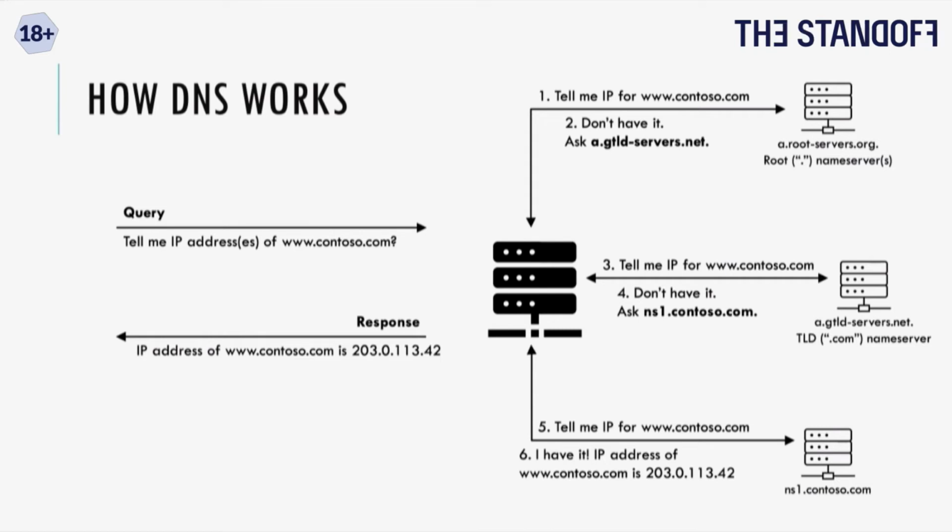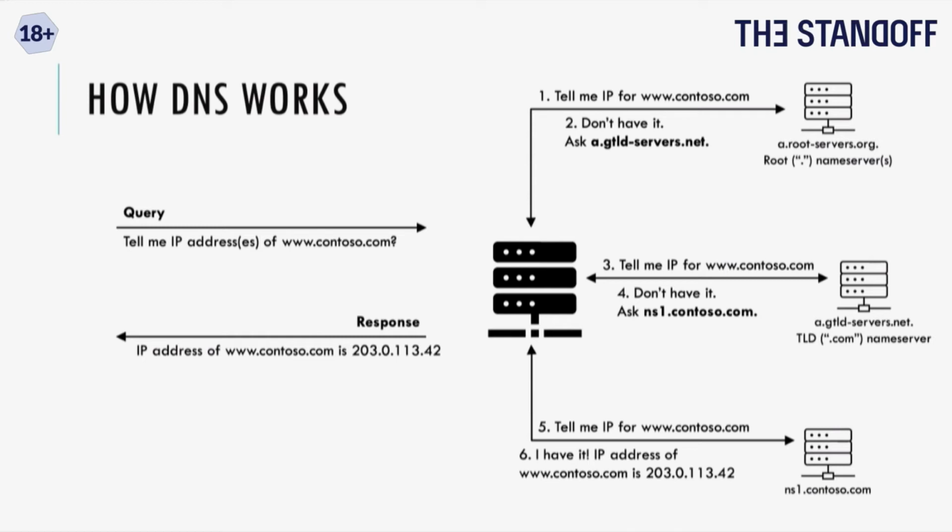The first request will be sent to one of the root name servers, and their list is actually hard-coded. Most resolvers have it hard-coded in the source code or in their config files. So the name server will compare the name to the IP list that they have. It will check if it sits in the .com area or not.